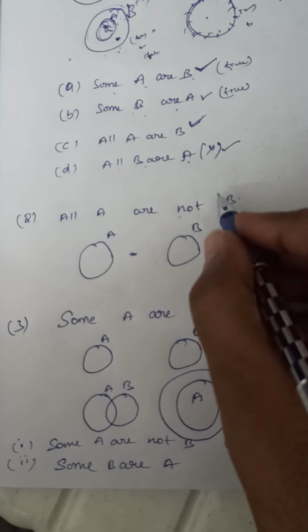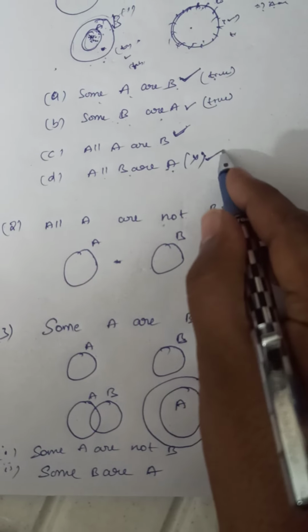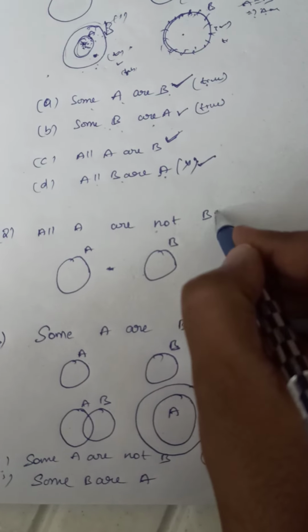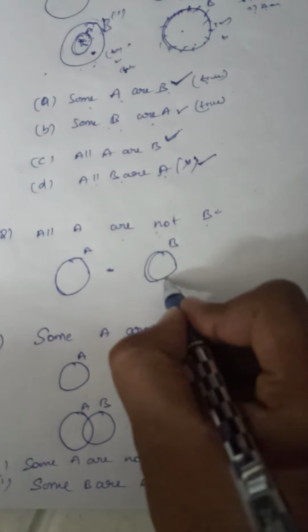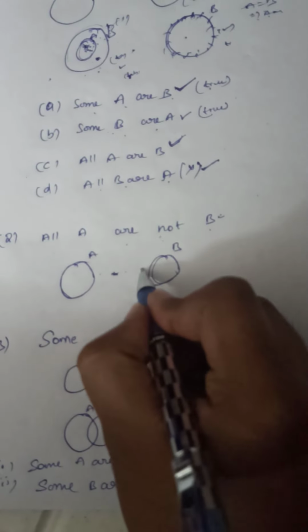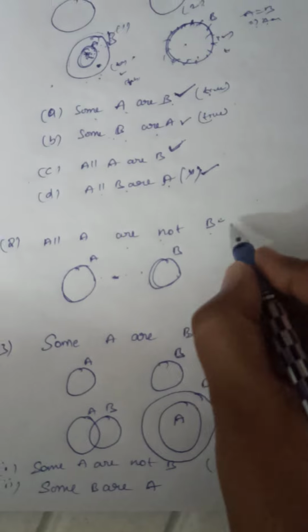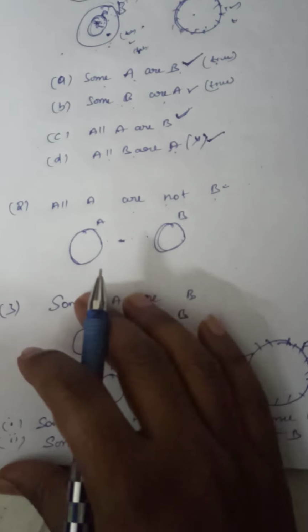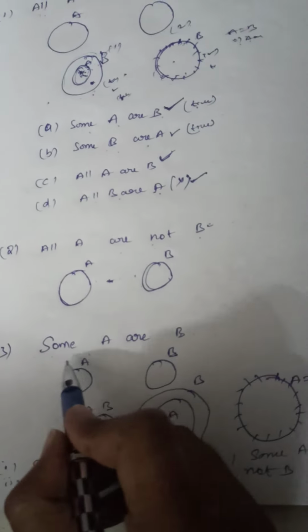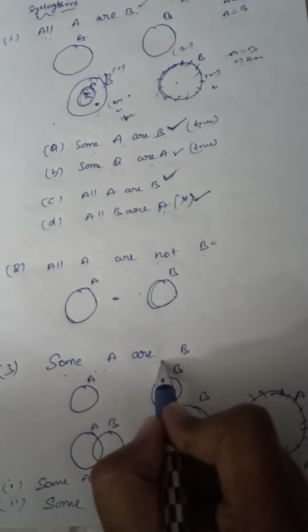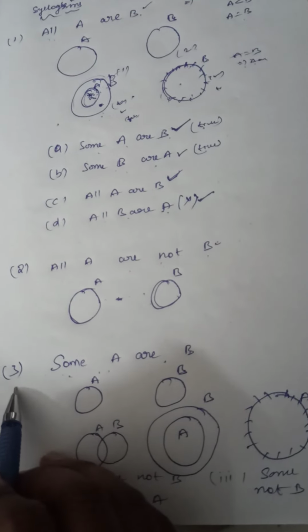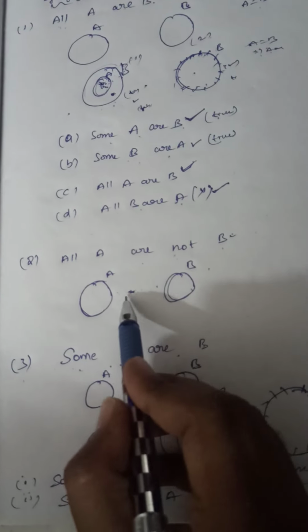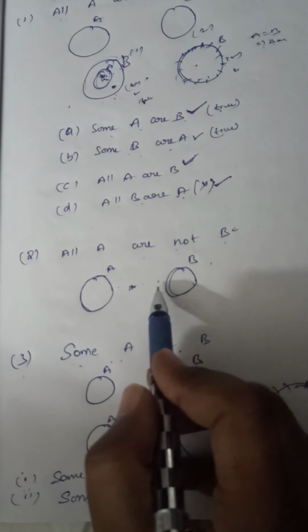Okay friends. This is the first type of statement, and the second type is all A are not B. It can be represented like this: this is A, this is B. So there is no relationship between A and B. And the third type of statement is some A are B. It is easy to understand the first, all A are B, and the second, all A are not B, because there is no relation between them.